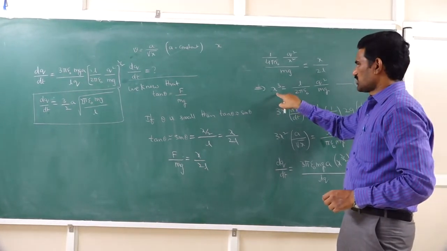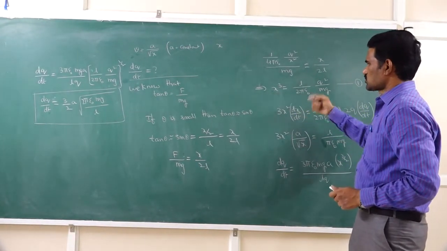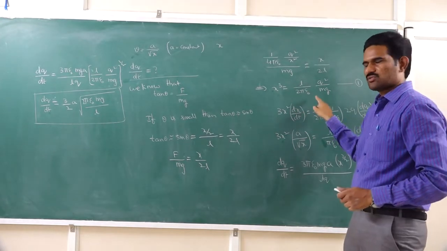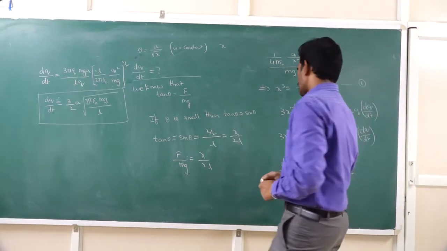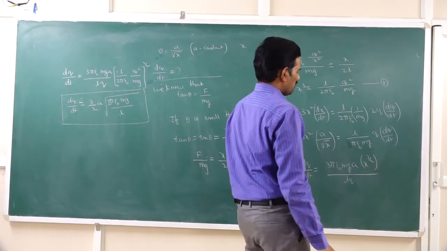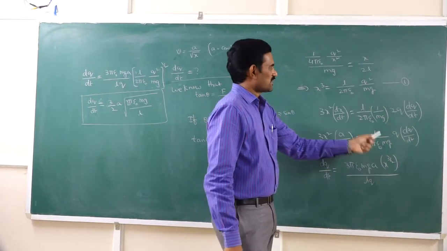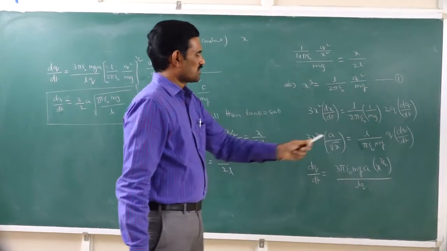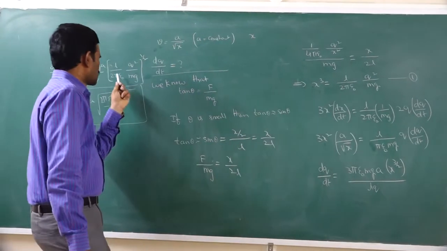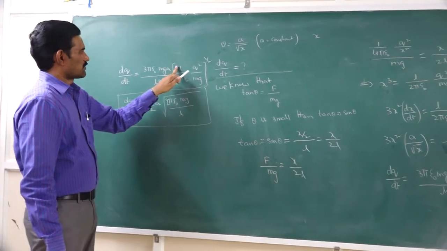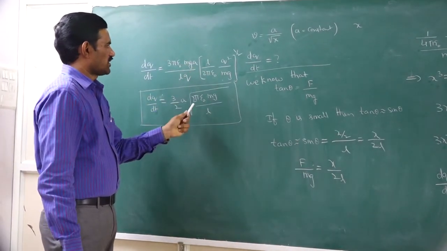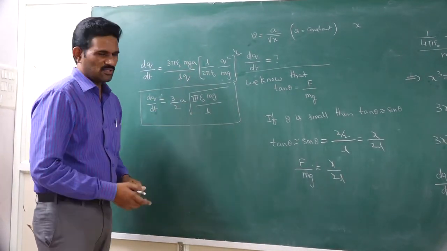And now when you get this x cube expression, we are differentiating this equation on both sides. And from that equation, you can calculate this dq by dt value. And here you will get the expression in terms of x. And that x value we are substituting by using this equation here. And so finally you will get this answer here. So finally this is our simplification for this dq by dt.